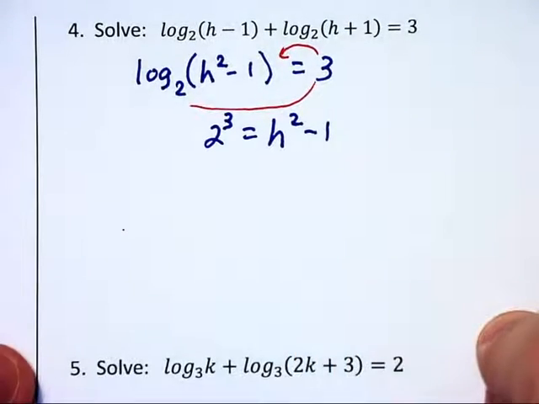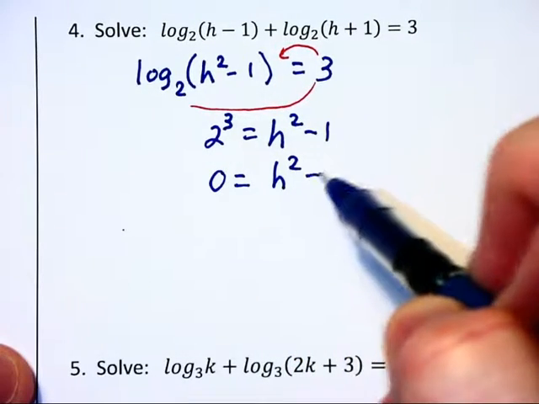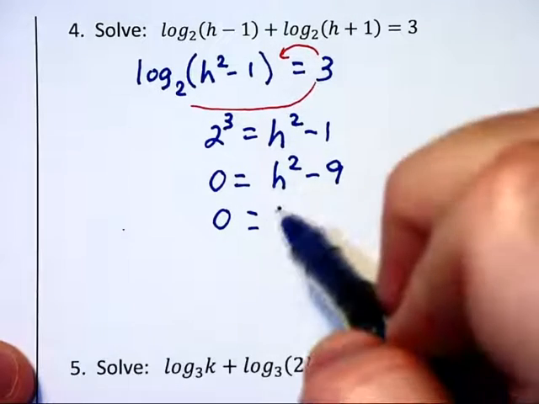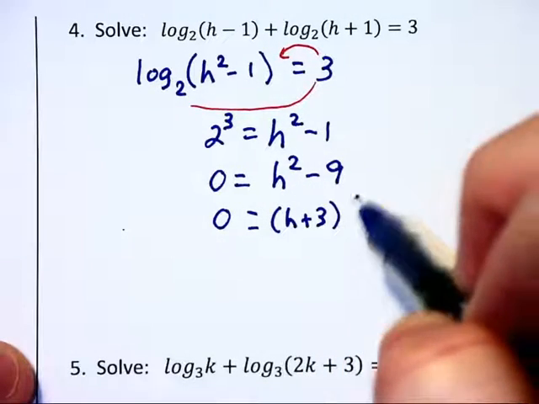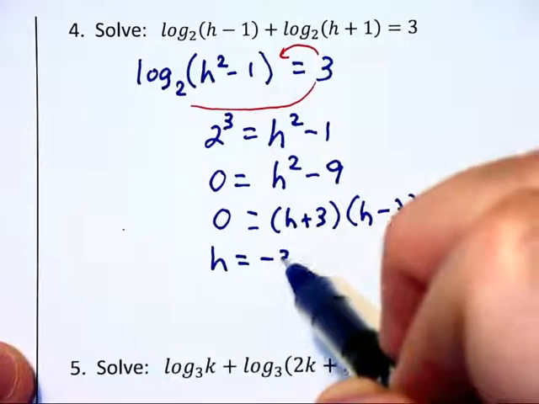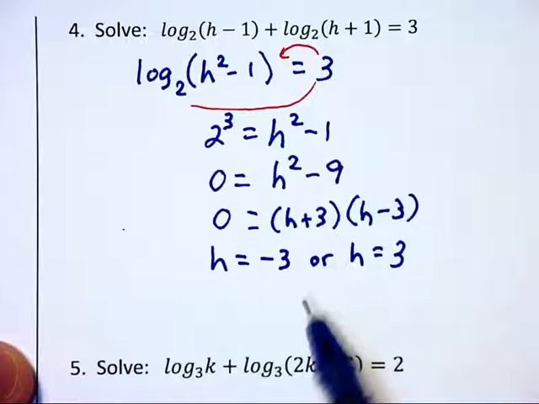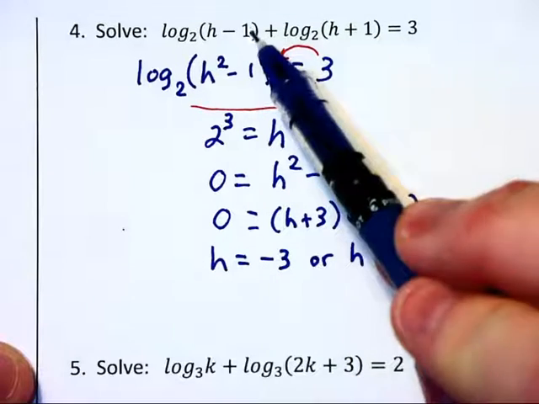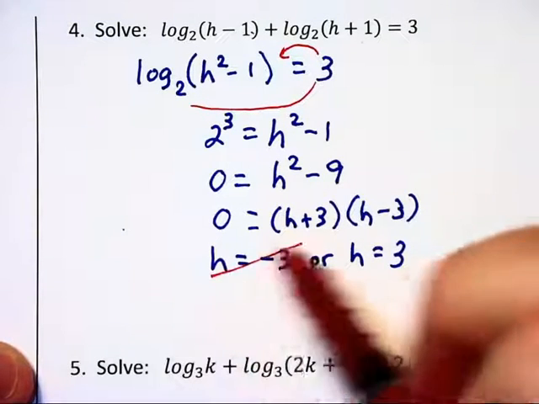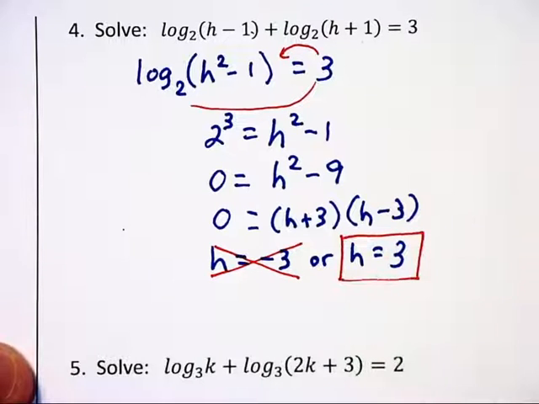Well, that is an 8 on the left, so we can subtract 8 on each side to get h squared minus 9, which is a quadratic equation factoring into h plus 3 and h minus 3. So we have two possible solutions, h equals negative 3 or h equals positive 3. But if you substitute that negative 3 into either argument, you will find that you get the log of a negative, so we must cross that solution out and only have h equals 3 as the solution.